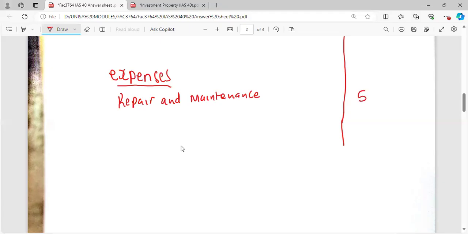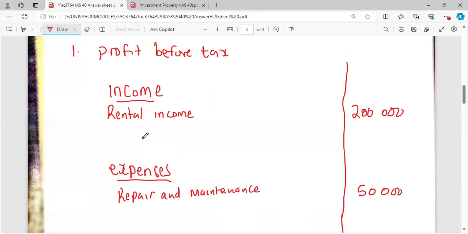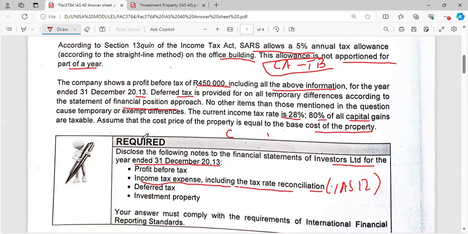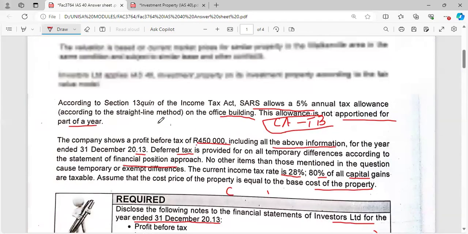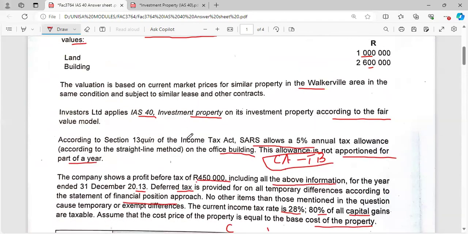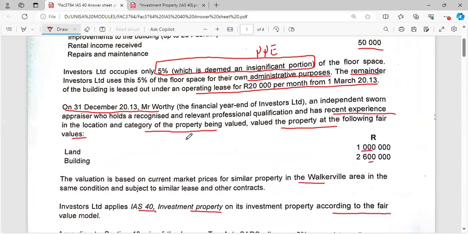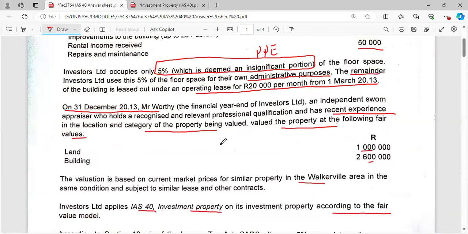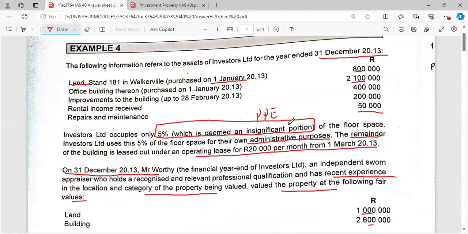So it's going to be an expense. Then you go again to your question and look at income and expense. Remember, our profit and loss is only made up of income and expense. Those are the things that you look at when you disclose the profit and loss: the increase or decrease in income and the expenses as well. So what else are we going to get? We have repairs, we have rental income.